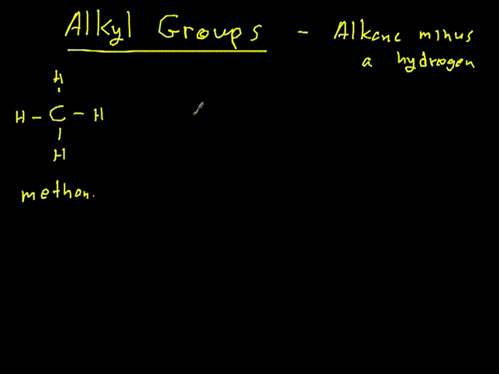If we take off one of the H's, now it's free to bond to something else. We're going to use the letter R here. R just stands for something organic, if you will, another carbon, effectively. This becomes a methyl group, or you could call it a methyl substitute, ready to be attached somewhere.